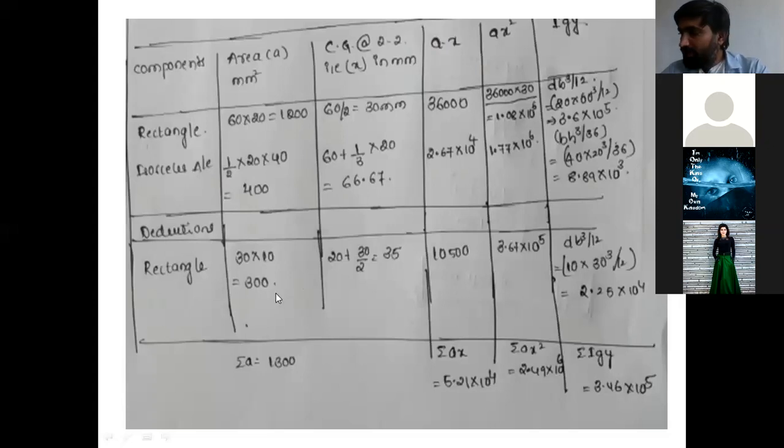The area into x will be 10,500. And similarly, for area into x square, 36,000 multiplied by 30 will be 1.08 into 10 raised to 6. And similarly, 2.67 into 10 raised to 4 multiplied by 66.67 will be 1.77 into 10 raised to 6.